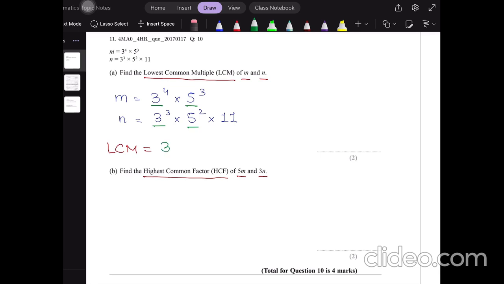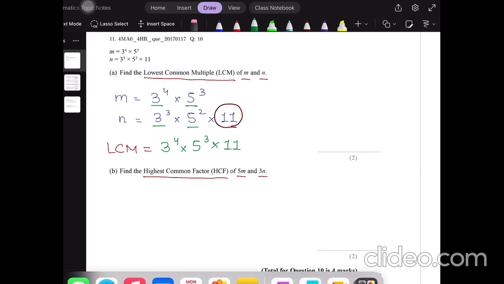So I will take 3 raised to the power 4, and in the case of 5 the highest power is 3, so I will take 5 raised to the power 3. Then at the end I look at the uncommon factor, which is 11, so I will multiply it by 11. So common and uncommon factors, and I will take the product of them and get my answer.